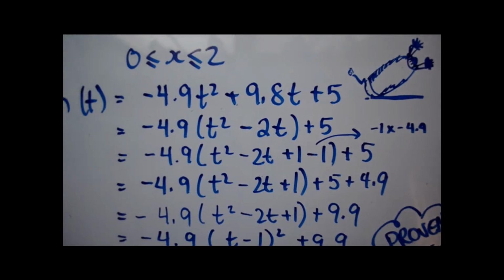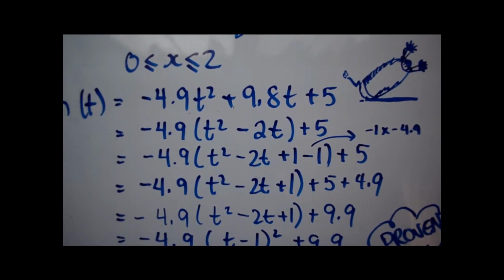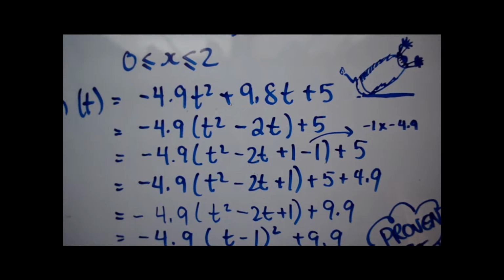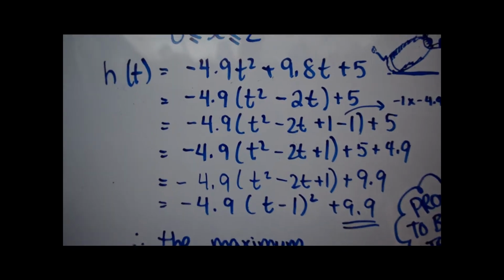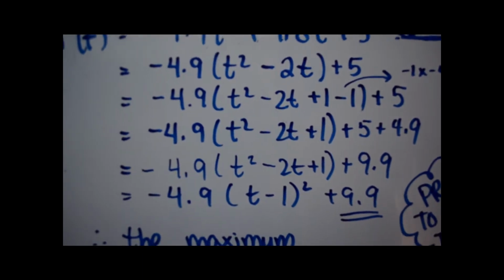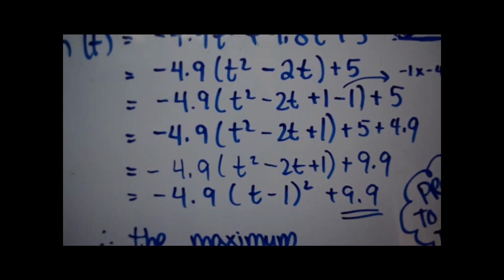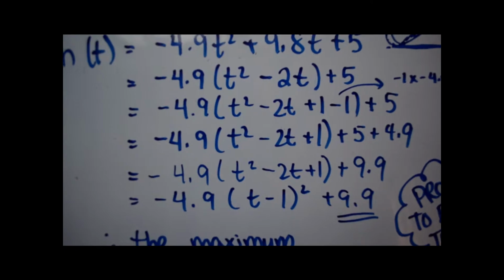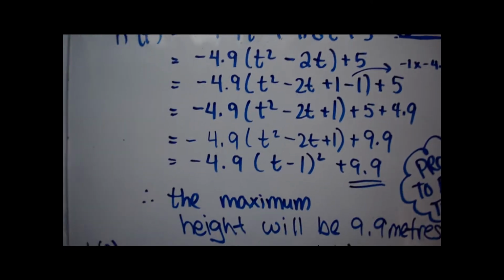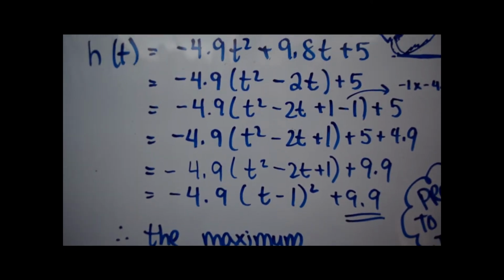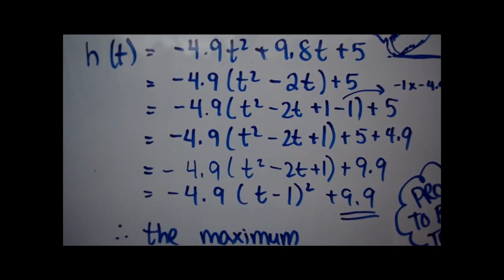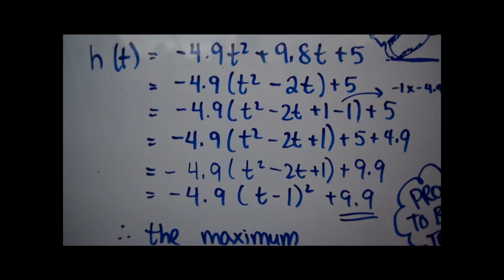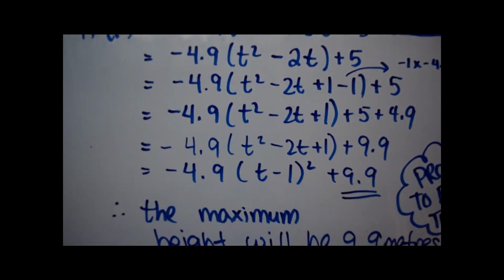So you get negative 4.9 bracket t squared minus 2t plus 1 bracket plus 5 plus 4.9. Then you get negative 4.9 bracket t squared minus 2t plus 1 bracket plus 9.9. Then the overall completed square equation is negative 4.9 bracket t minus 1 bracket squared plus 9.9.